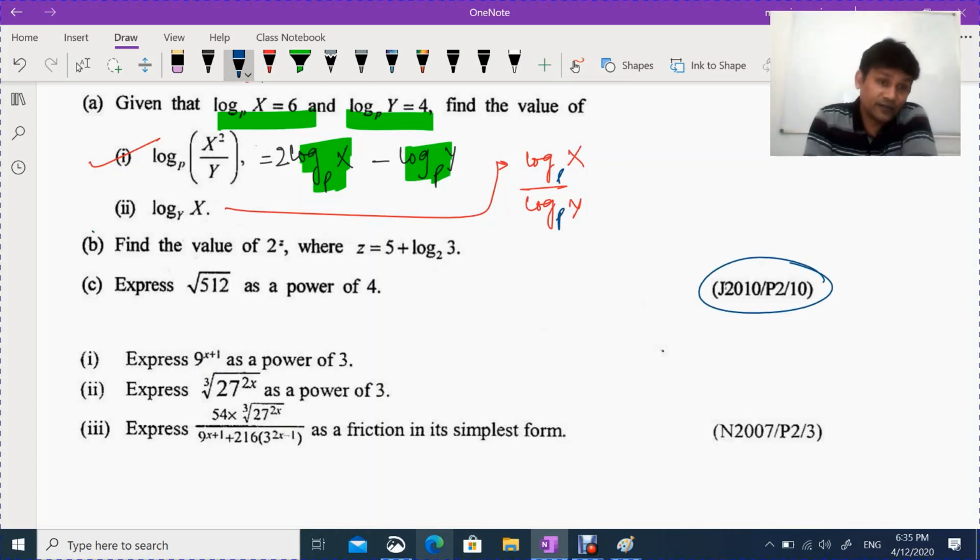This question I remember my students had problems with. Okay, 2 power z. 2 power z means what can we do here. Some students have written the whole value of z here, but actually I want to write 2 power something.